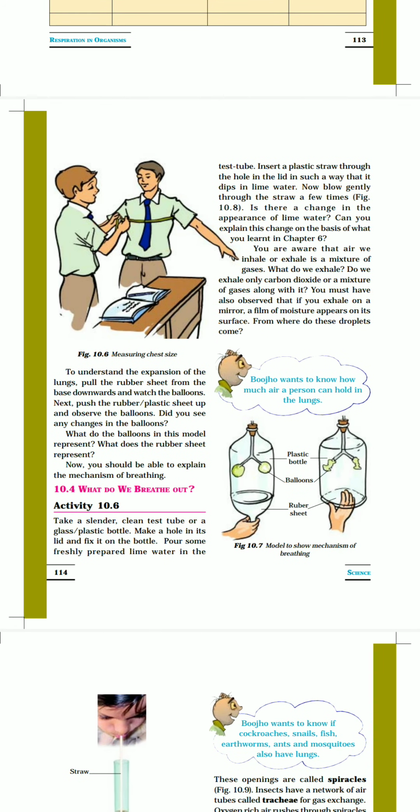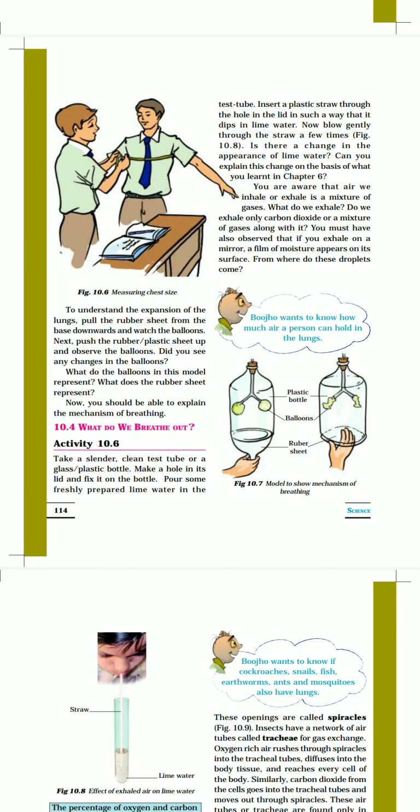And here is a very easy and very common diagram which children generally make to understand this breathing mechanism. They have taken a plastic bottle and two balloons. A rubber sheet acts like a diaphragm and these two balloons act like lungs.